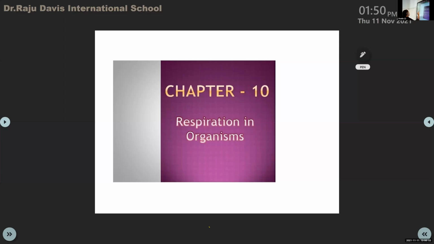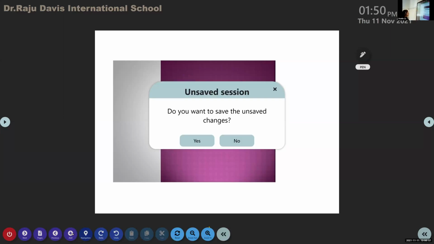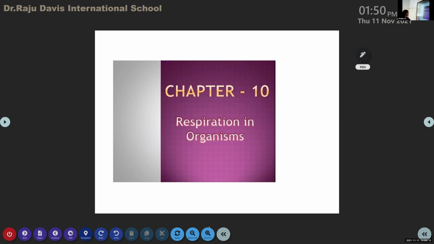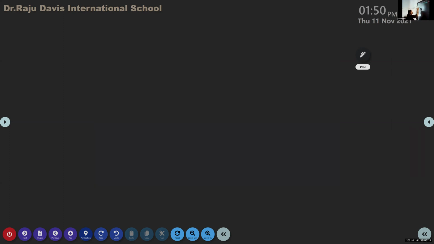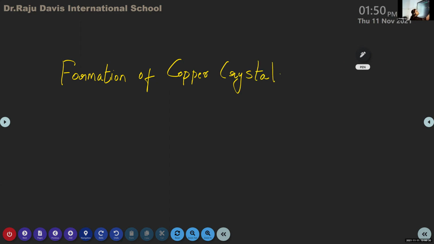One practical example of crystallization is the formation of crystals of copper sulfate from copper sulfate solution.